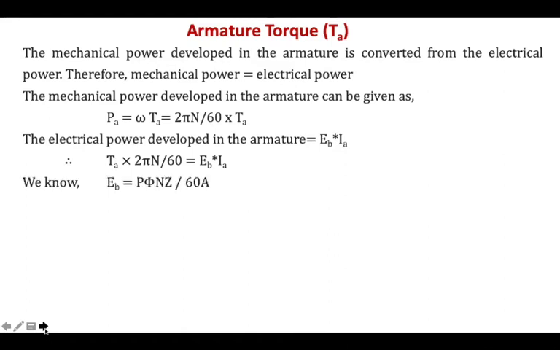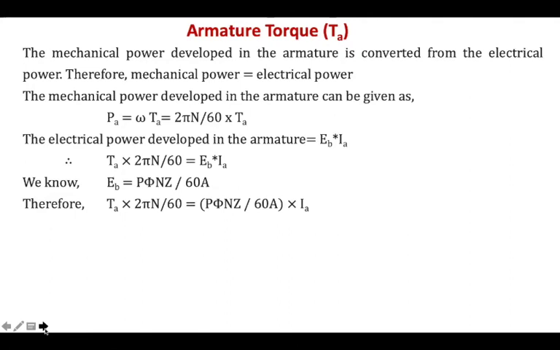And we know from the generated EMF equation that we derived for the generator, the back EMF is Eb = PφNZ/60A, where P is the number of poles, φ is the flux per pole, N is the rotation of the armature in RPM, Z is the total number of conductors, and A is the total number of parallel paths depending on lap and wave winding.